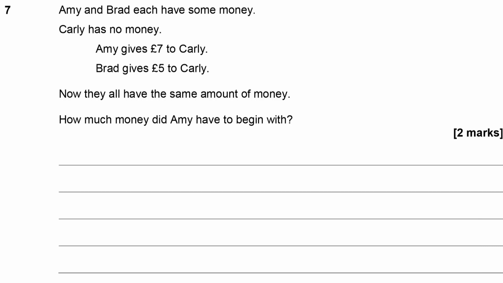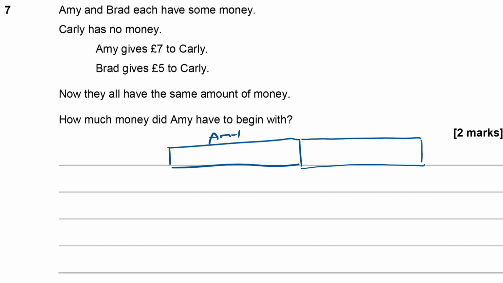Okay. Now, let's just imagine this is the amount of money that Amy had, and then this is the amount of money that Brad has. I'm going to take some of Amy's money, which was £7, and give that part to Carly.